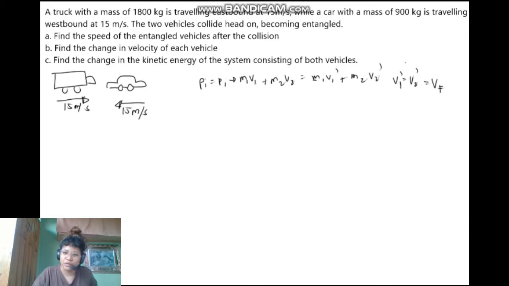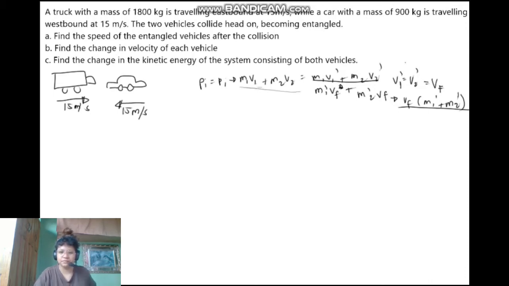If we rewrite this, we get m sub 1 times final velocity plus m sub 2 times final velocity. When we factor, we get final velocity multiplied by m sub 1 plus m sub 2.